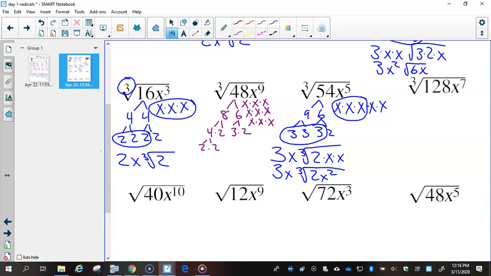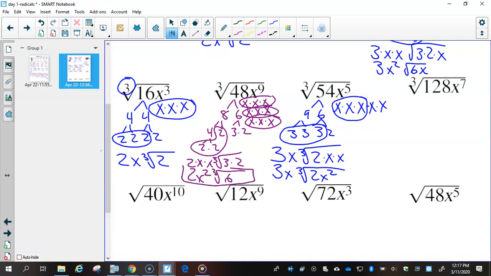So in this case, you end up with one group of 2's, 3 groups of x's, with a 3 and a 2 left inside. So 2x squared times the cube root of 6.